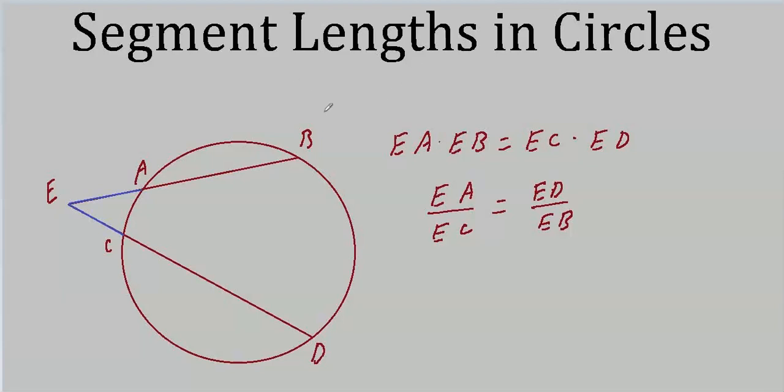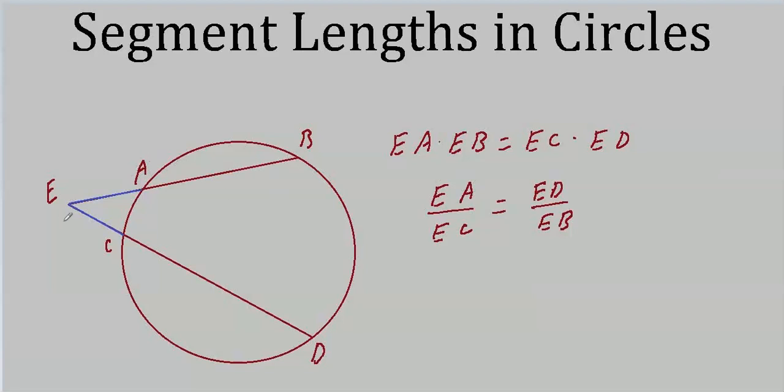You work out a way to draw yourself some similar triangles. And what kind of triangles you want to draw is kind of obvious from the relationships you're trying to come up with. In this case, we have that EA times EB, which is not the segment times the segment, it's the segment times the whole.